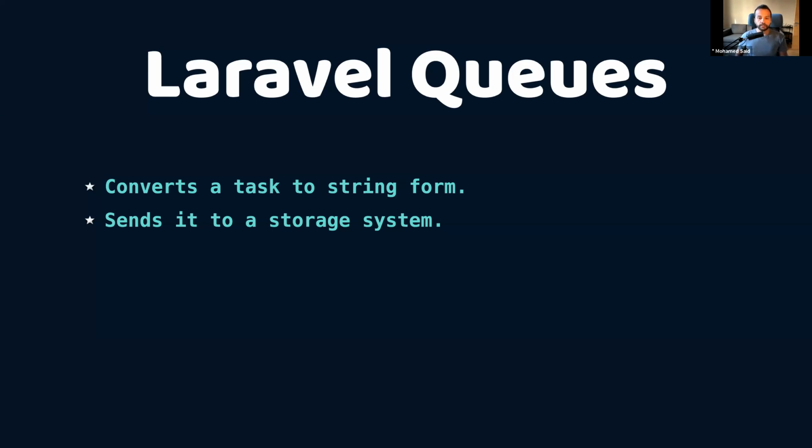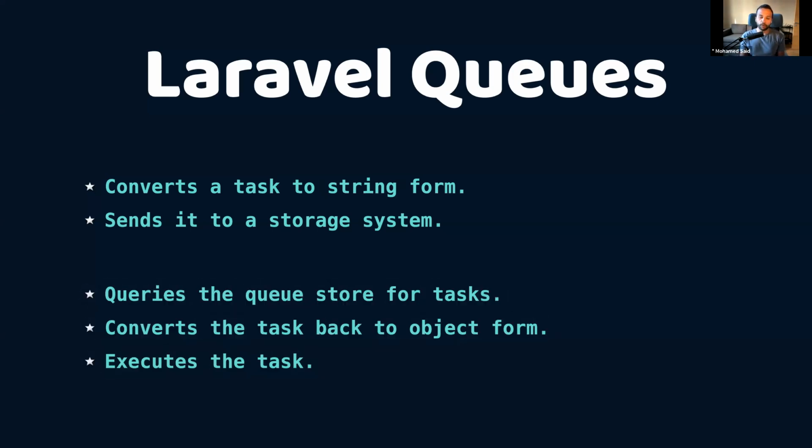After it's sent to the storage, you start a worker, and the job of this worker is to query the queue store continuously, asking for tasks. And whenever it finds a task in the store, it converts it back from the string form to the object form and then executes it at the end. The first part is called enqueuing or dispatching, and the second part is called dequeuing or processing.